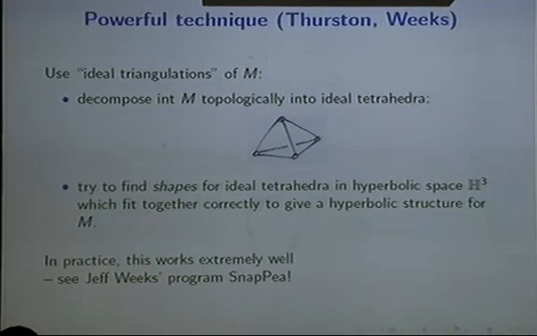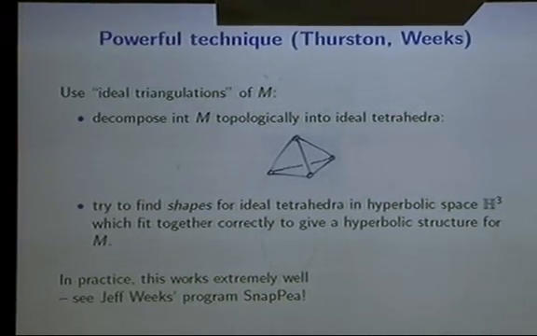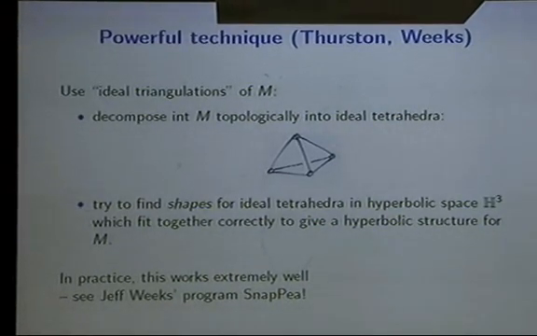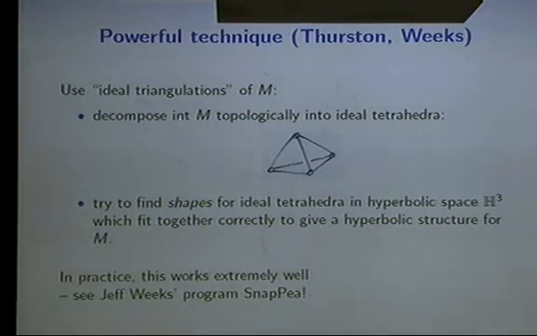Now, I guess we've seen a very powerful technique for doing this, and this goes back to Thurston and Jeff Weeks in the program SnapPy, which is using ideal triangulations. So here's a quick replay of what we've been doing already. First, we decompose the manifold topologically into ideal tetrahedra. So these are just tetrahedra with the vertices removed.